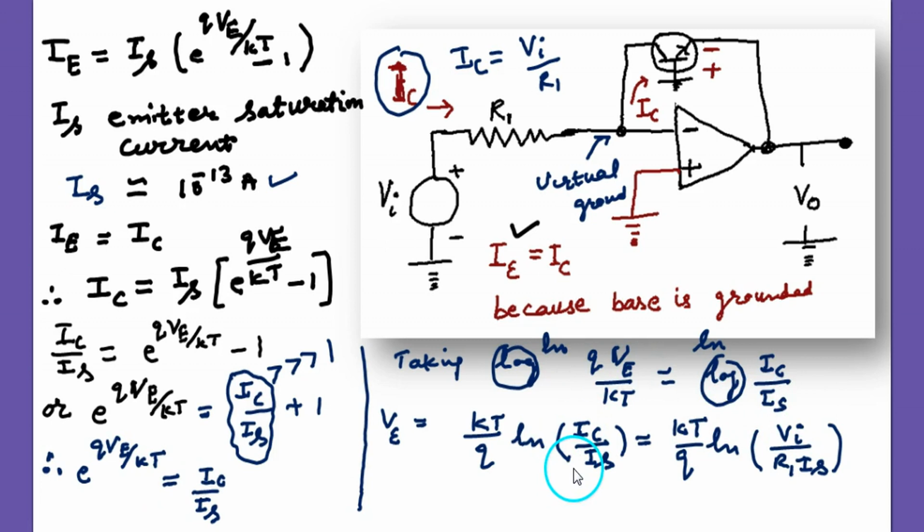Substituting the value of IC here, IC is this value. Now this denominator is a voltage, because it is resistance times current, and we call it the reference voltage.